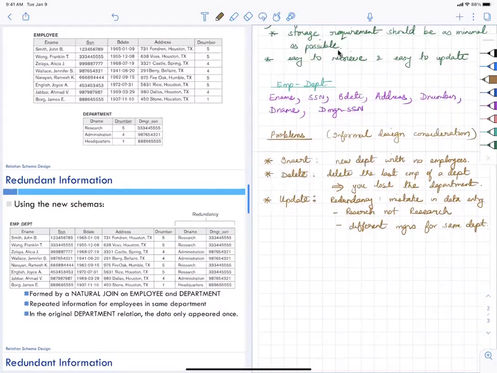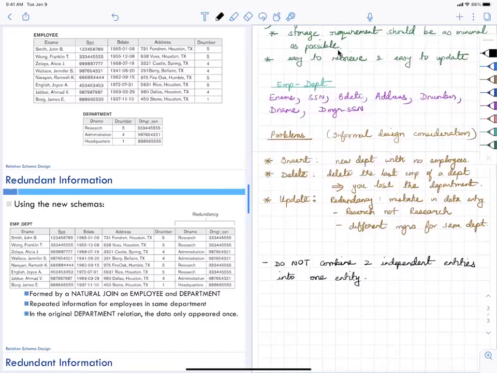So that's rule number 1: do not combine two independent entities into one entity, one table.